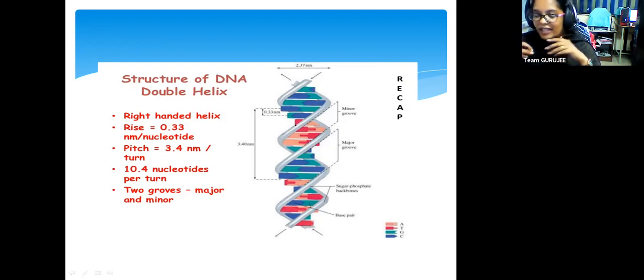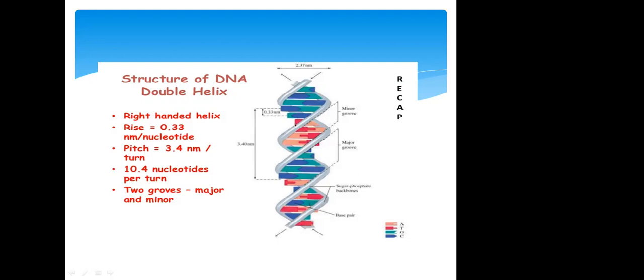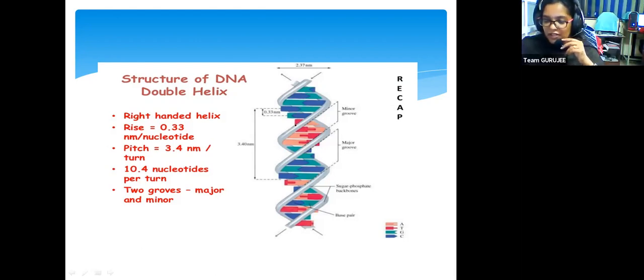So can anyone name any two genetic disorders? Name any two genetic diseases. Nandini, Ajit Kumar. Ma'am, Down syndrome, Patau syndrome. Okay, fine. Down syndrome is a very good example for genetic disease.